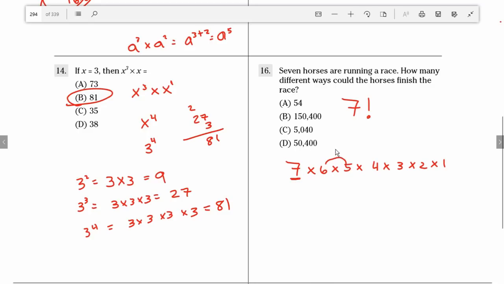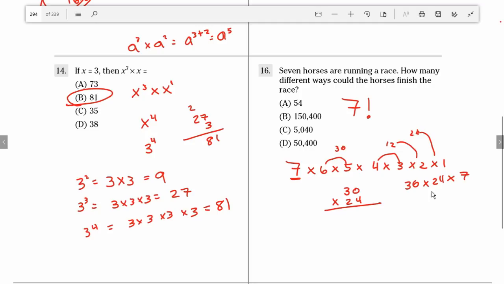6 times 5 is 30. 4 times 3 is 12. Times 2 is 24. Times 1 is just 24. So this gives us 30 times 24, and that's going to be times 7. So this is going to be 30 times 24 times 7.